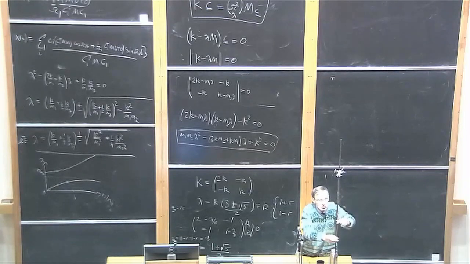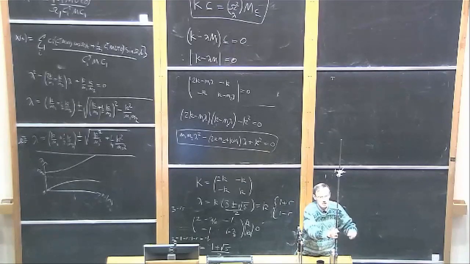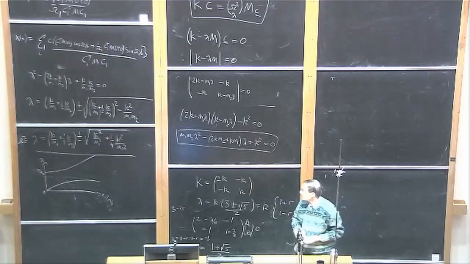There's a main mode with basically doing that. And what this mass does really doesn't count for anything very much. On the other hand, if this is the big mass, then basically there's a mode which is just doing that, and this mass doesn't move. And then there's a very, very slow mode where it's doing this very, very slowly because of the size of this mass.